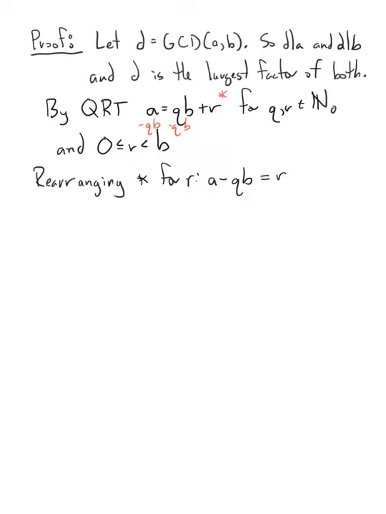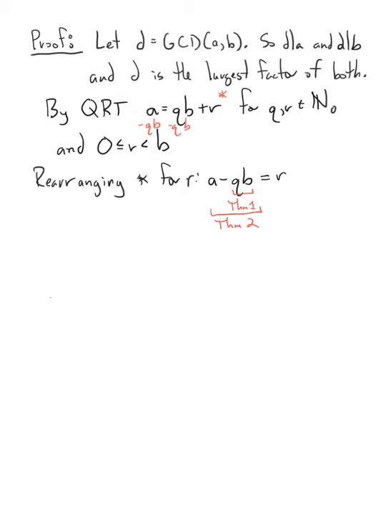So, if we look at this, well, we know D is a factor of A. It's the greatest common factor. D is a factor of B, so by Theorem 1, D is a factor of QB. But we have two terms here where D is a factor of both, so D is going to be a factor of the difference. So Theorem 2 says D is a factor of both.